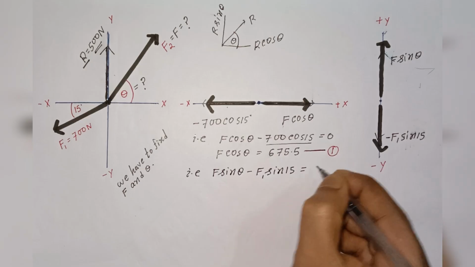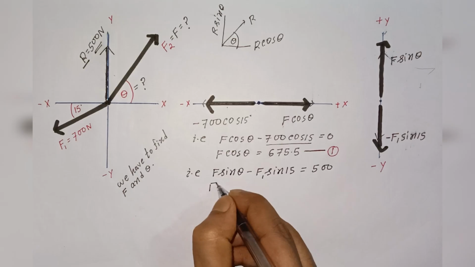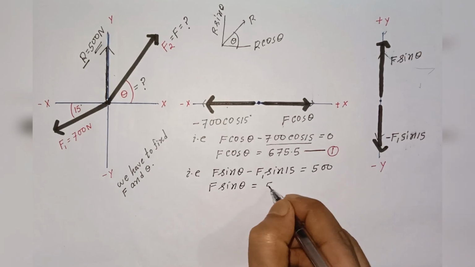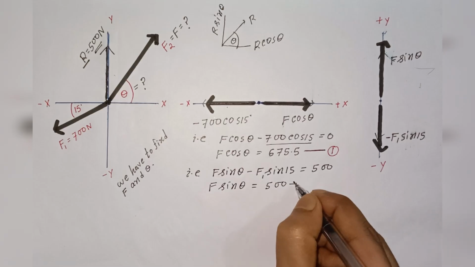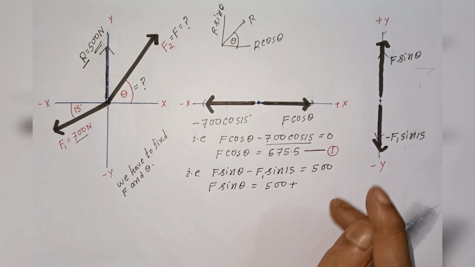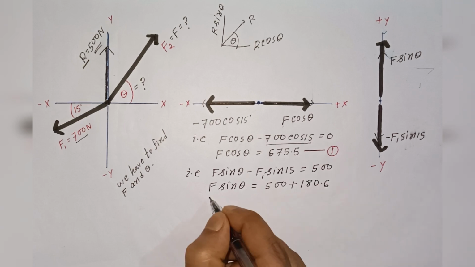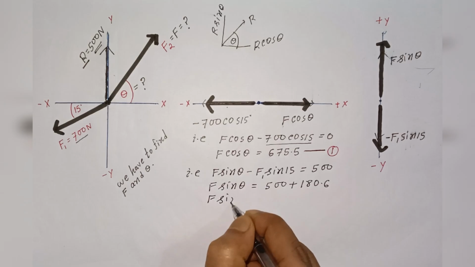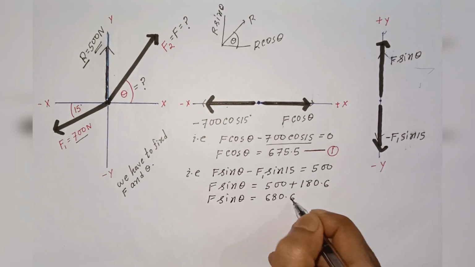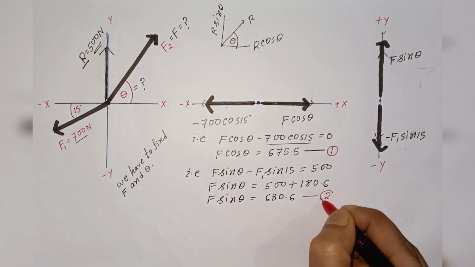Do the simplification and comment. So we can write F sin theta equals 500 plus F1 sin 15. Simplify 700 into sin 15, equal to 180 point something. Anyway, we get the F sin theta value, and this is equation number 2, sitting pretty in our red ink box.